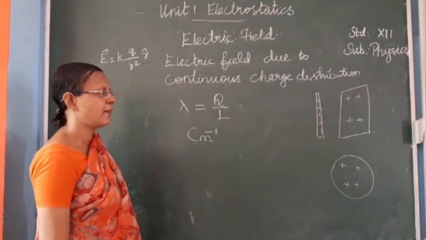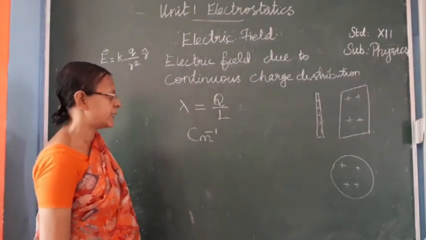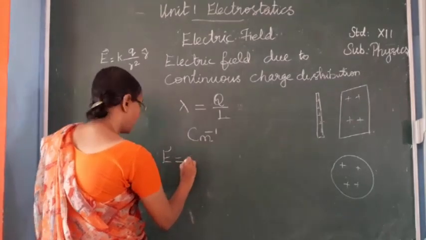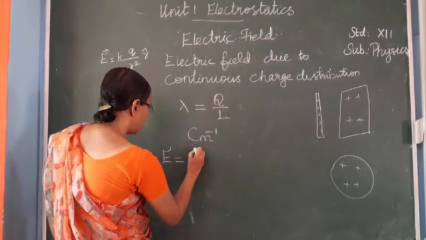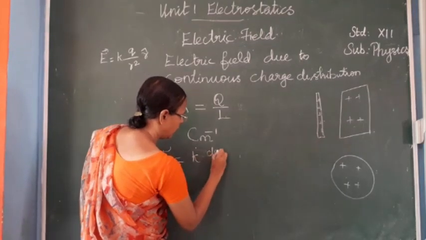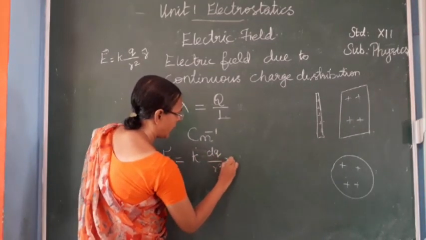So the formula we can write as E is equal to K dq divided by r square, r cap.